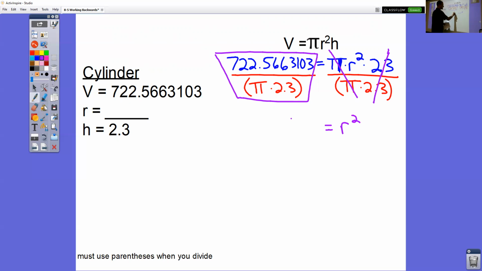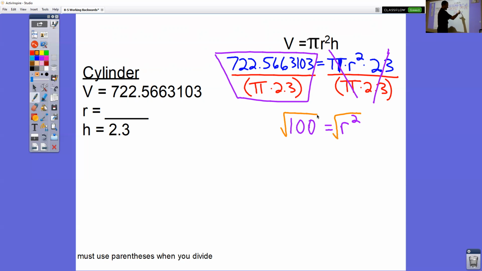When you do that, you should get exactly 100. Well, 100 is not our answer. 100 is what r squared is. We don't want r squared, we want r. The opposite of squaring a number is to take the square root of a number. Whatever you do to one side of the equal sign, you have to do to the other.